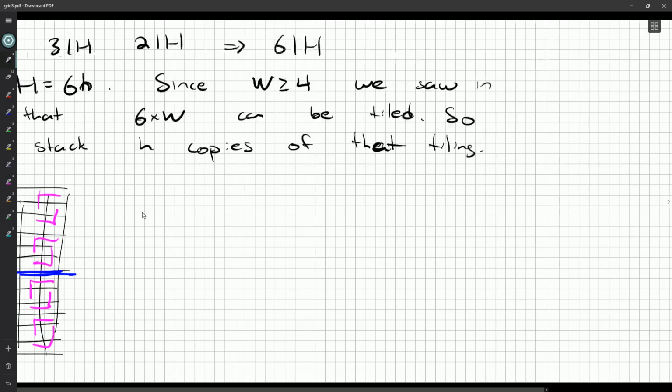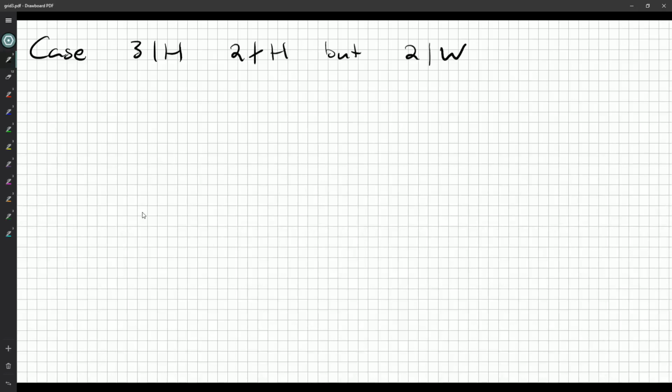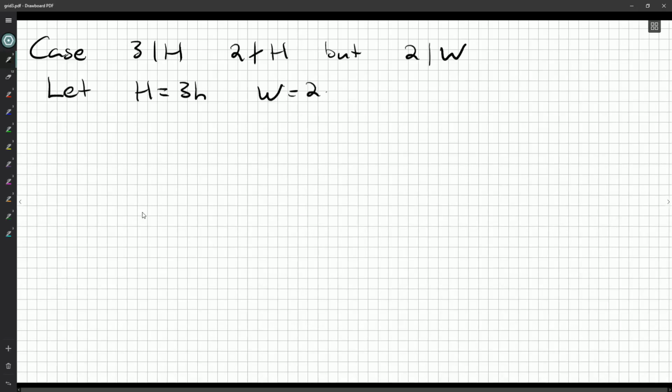So now what I'm going to do is case 3 divides H and 2 doesn't divide H, but 2 divides W. Okay, so we've got 3's and 2's. So let's say let H be 3 little h and W be 2 little w.